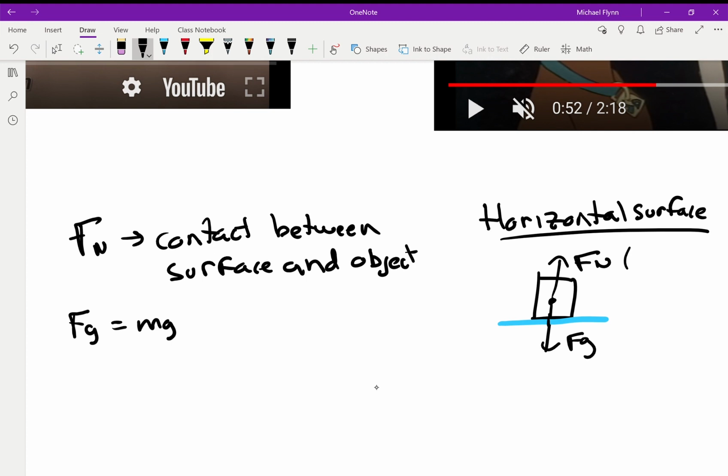If the acceleration in the vertical direction is 0, then the net force is just equal to the normal force minus the force of gravity. I'm going to take up as positive, and that's equal to ma.